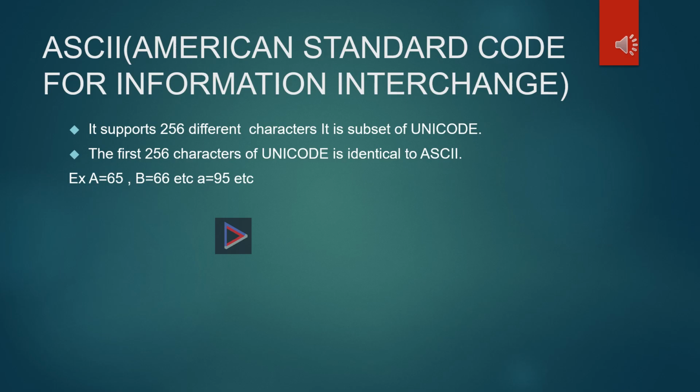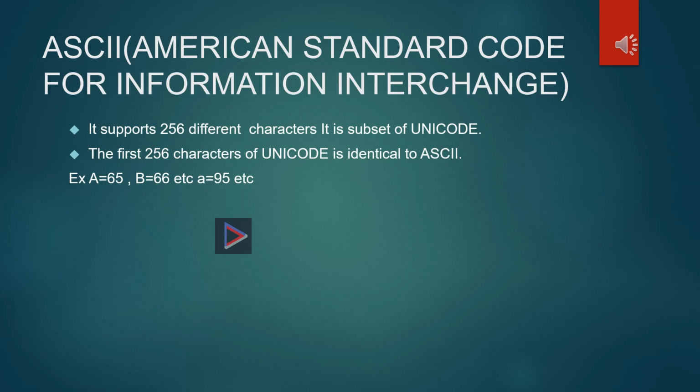ASCII code was used before Unicode. Just like Unicode, it also gives a certain numeric value to each and every character. It supports 256 characters. It is a subset of Unicode. But ASCII code has a limitation: it does not fulfill the whole world's demand. So due to that, Unicode was created.